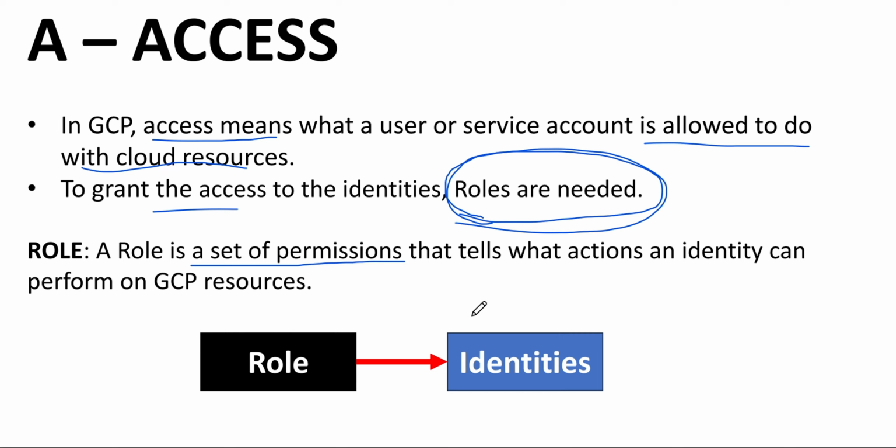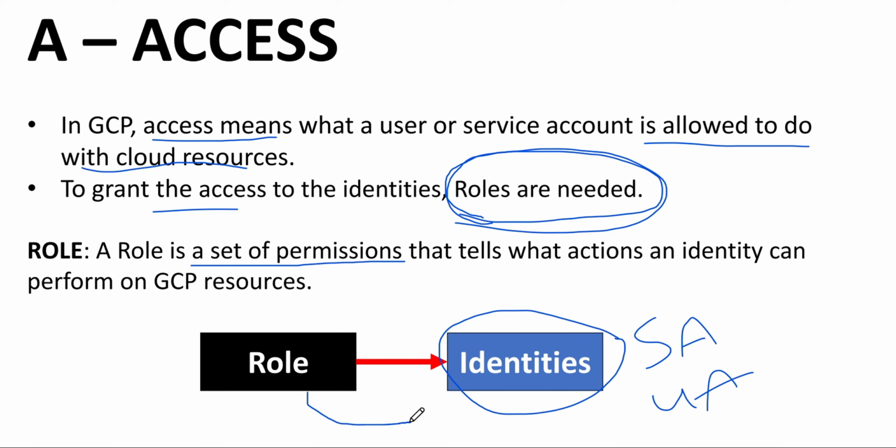If you observe, the identity can be any service account or, as I told, a user account. For that, you need to assign the role. Then only can you get the access to that particular cloud resource. For example, take a role like BigQuery Admin.